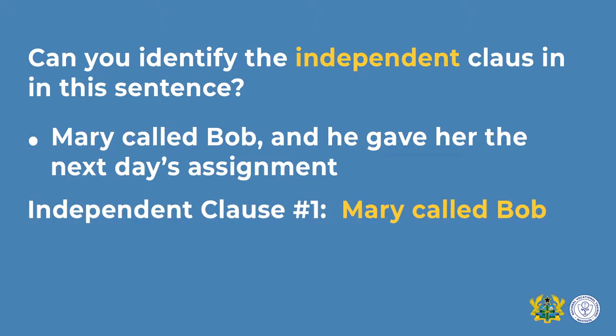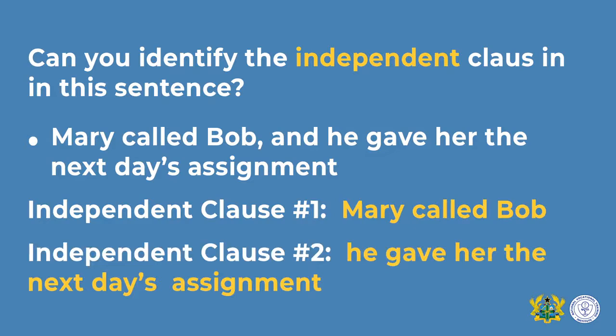Independent clause 1 is Mary called Bob. The other independent clause in there is he gave her the next day's assignment. You note that this sentence contains two independent clauses, and it makes perfect sense. Let us look at another activity.